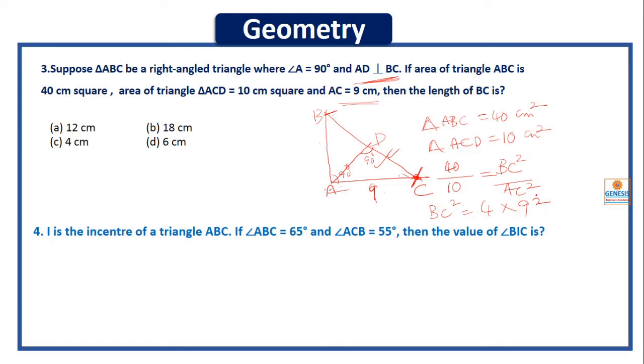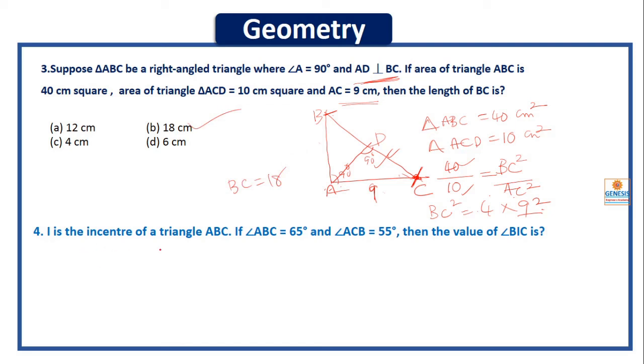The area ratio 4 is BC square by AC square. So AC square is this, so 9 into 2 square, 18. So then BC is equal to 18. So this is the answer for this one.